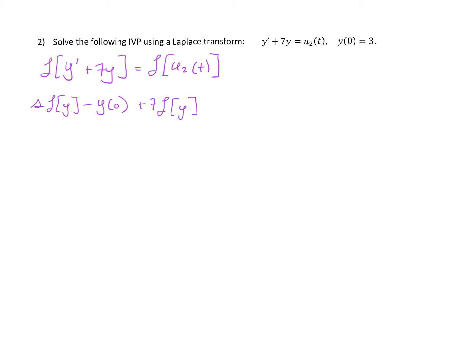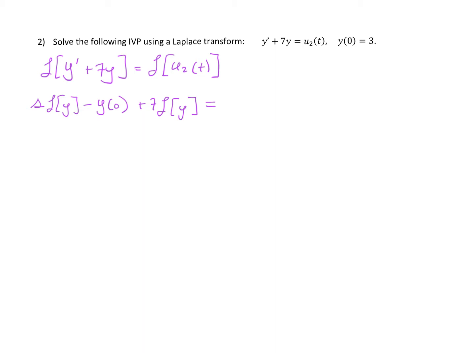So I'm just taking the Laplace of both of these terms. So the Laplace of y prime is s Laplace of y minus y of 0. And the Laplace of 7y is 7 Laplace of y. Equals, and then the Laplace of the Heaviside function is e to the negative as over s.